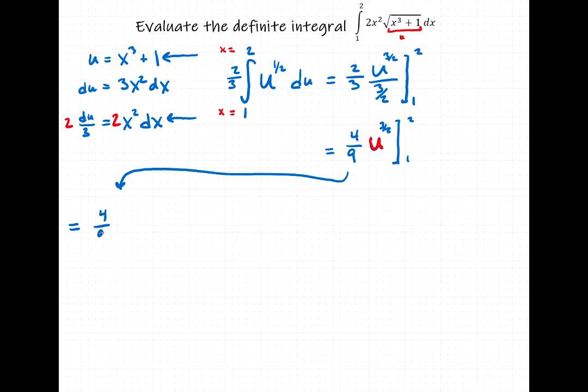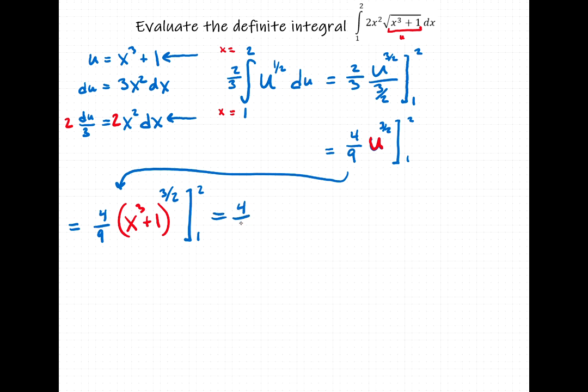So now we have 4 over 9 times x cubed plus 1, replacing the u back with the x cubed plus 1, to the power 3 over 2 evaluated from x equals 1 to x equals 2. So now our limits of integration are x values, and our variable is x. So now we could plug in the 2, and we could plug in the 1.